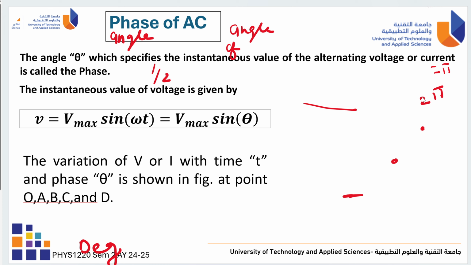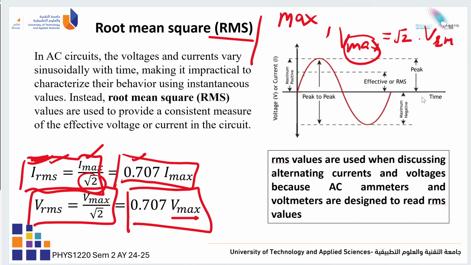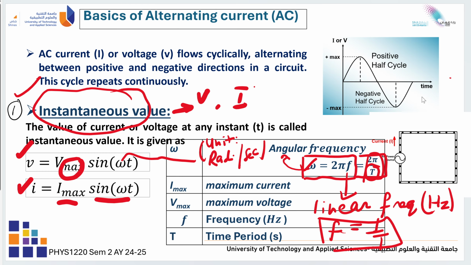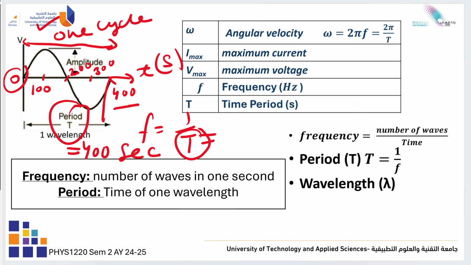Now we can write, before I told you, this is the formula for the instantaneous voltage and the instantaneous current. We are talking about this formula. Here in the sine we are writing omega t, so it is in the form of time.